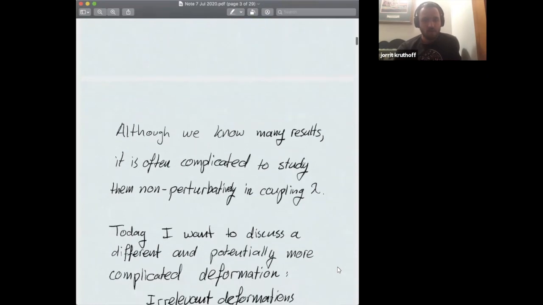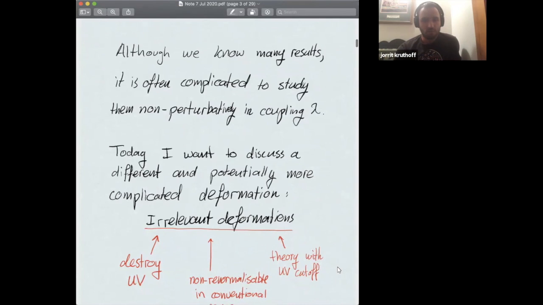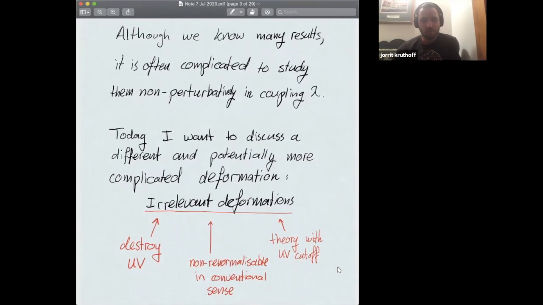Today, I want to focus on a different deformation, which arguably is more complicated and maybe more dangerous to study from a traditional point of view, and that's an irrelevant deformation. Before, what I was writing was a relevant deformation, and here I want to focus on an irrelevant one. These have all kinds of problems a priori. They could destroy the UV.